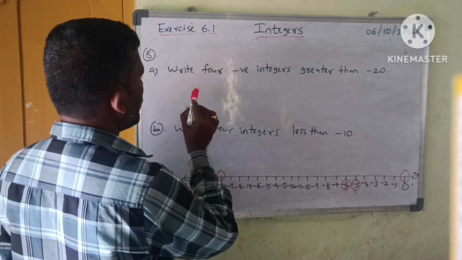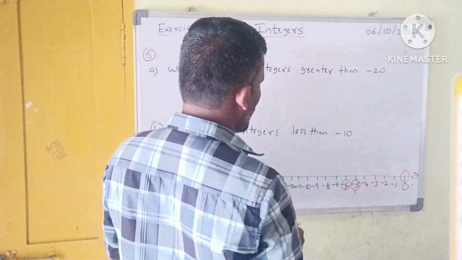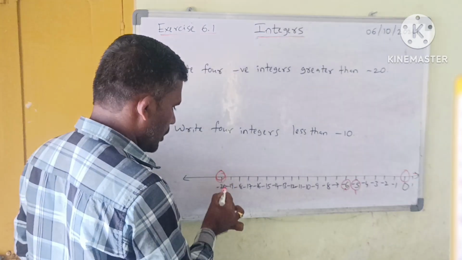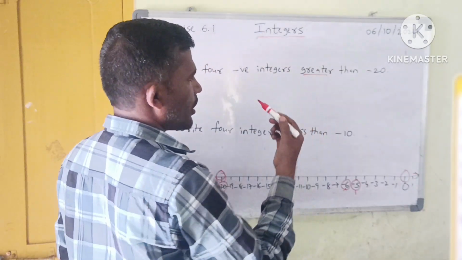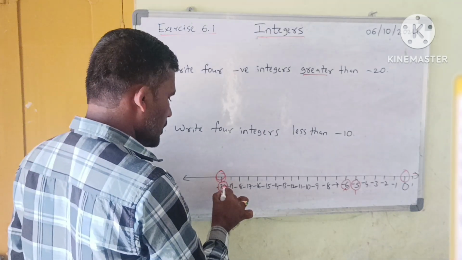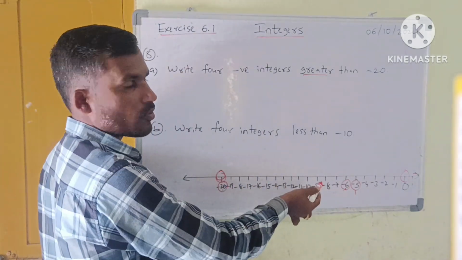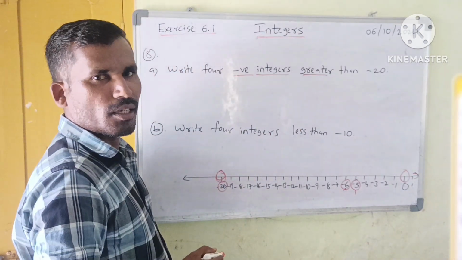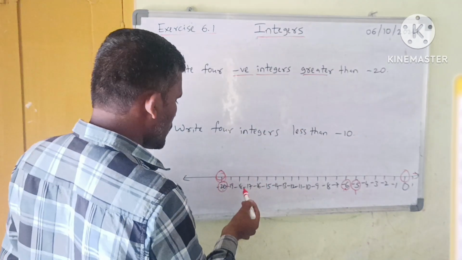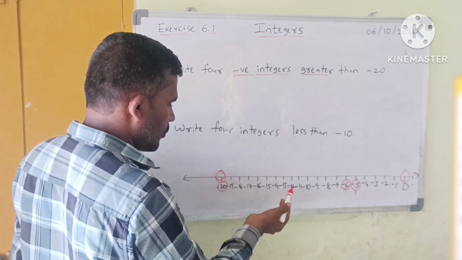Now coming to the problem: write 4 negative integers greater than minus 20. Here is minus 20. So for a greater value, definitely it is to the right side of minus 20 only, and they must be negative integers.